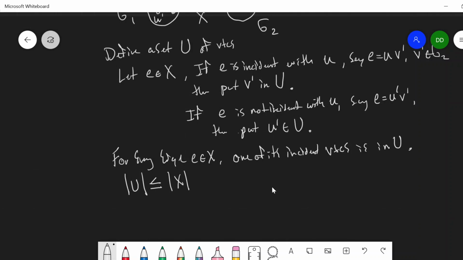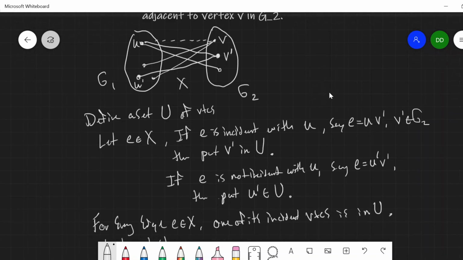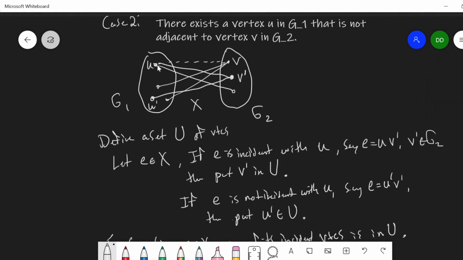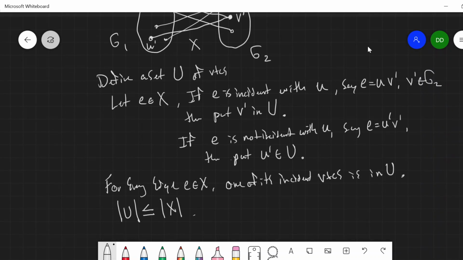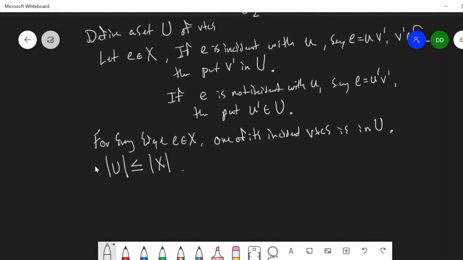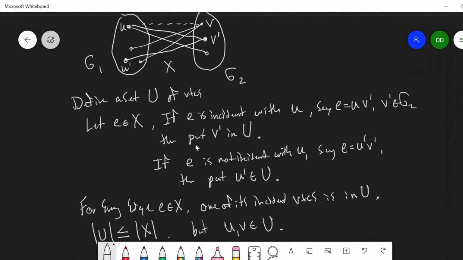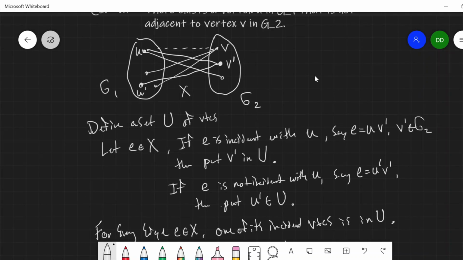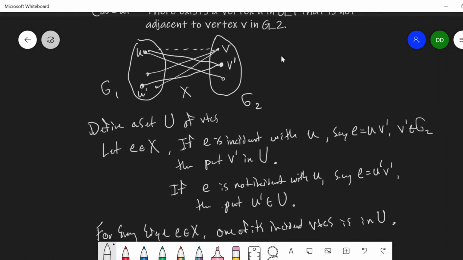Okay, and so that's cool. Now I want you to notice something. u and v are not in the vertex set U. These are not removed, right? By the way, by this procedure, I would never remove u and I would never remove v because u and v aren't adjacent.